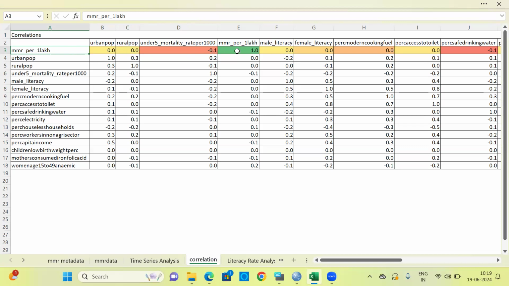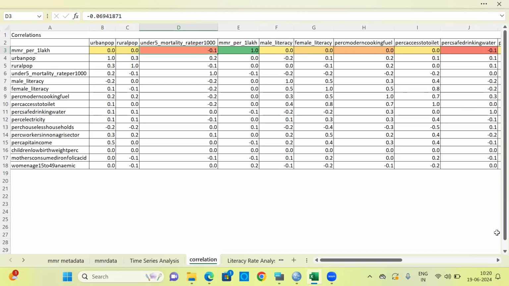As you can see here, there is one cell which has a strong positive correlation, but that is the correlation of maternal mortality rate with itself. And therefore, it is expected that we have a high correlation. Have a look at this number, minus 0.1. Along the column, it says under 5 mortality rate per 1,000. So there is a strong negative correlation of MMR per 1 lakh and under 5 mortality rate per 1,000.